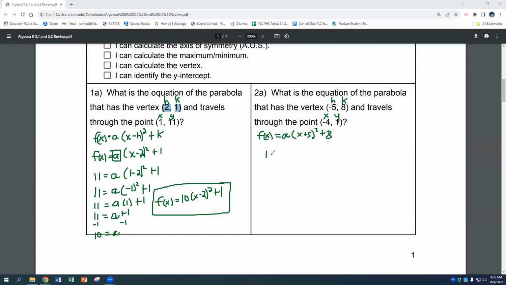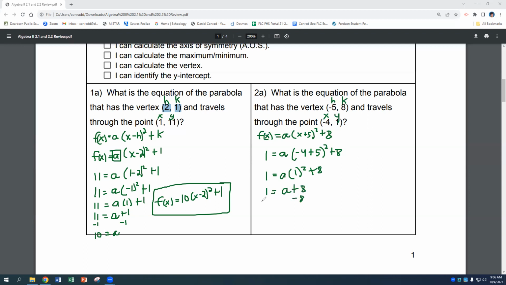So I'm going to substitute in 1 equals a times (negative 4 plus 5) quantity squared plus 8. That's going to give me a times 1 squared plus 8. 1 squared is 1, and 1 times a is just a, so that's a plus 8.